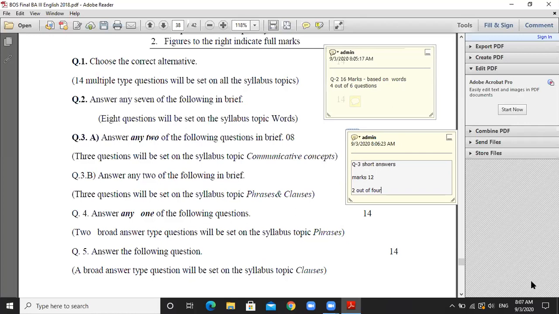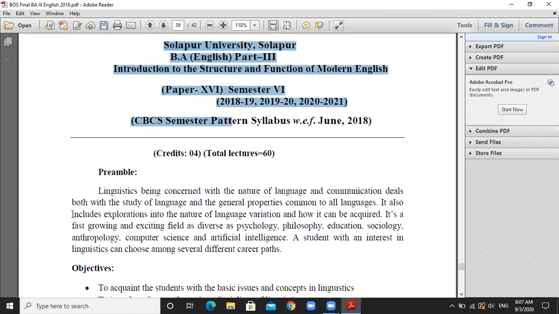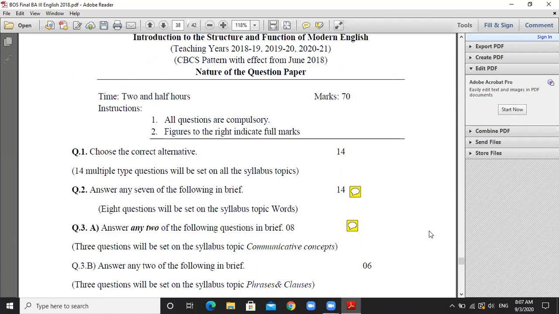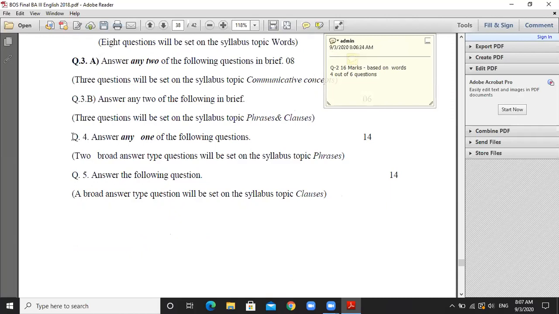Alright. Then questions number 4 and 5 are broad answer type questions. Question number 4 is: answer any one of the following questions.